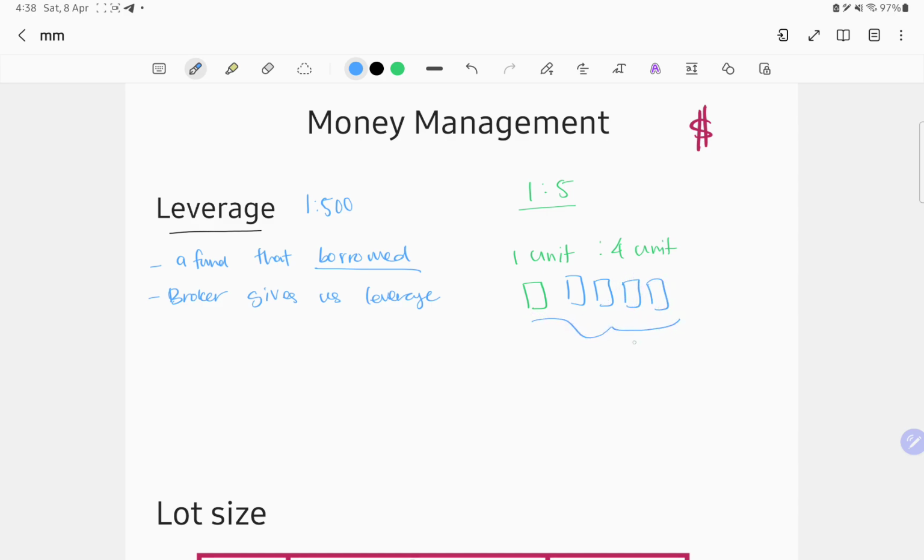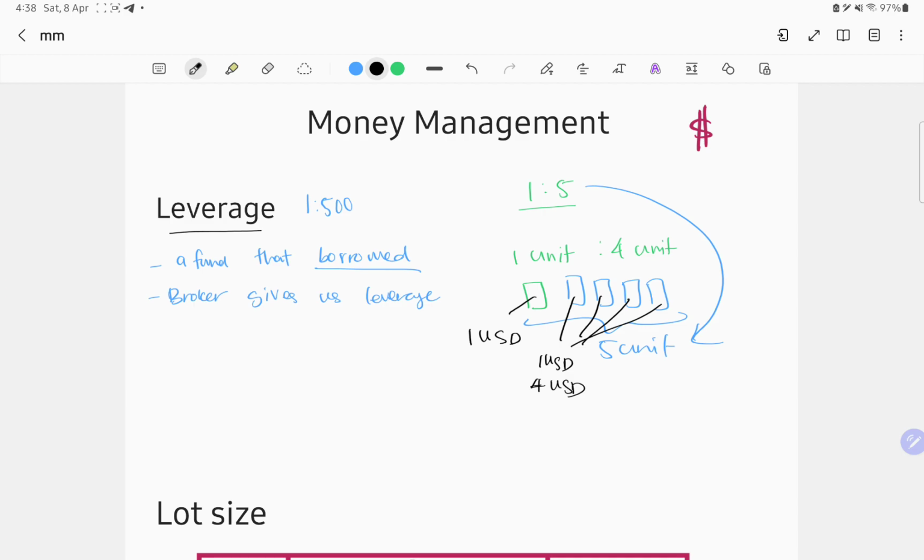So there's a total of 5 units, as we are mentioning in 1 to 5. Let's say this 1 unit costs around 1 USD. So all these cost around 1 USD as well, so a total of around 4 USD.